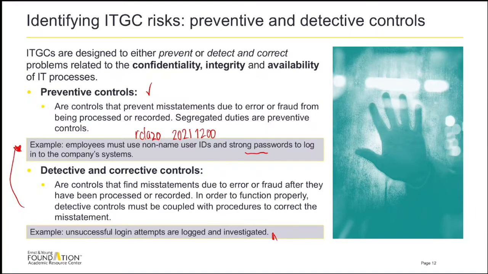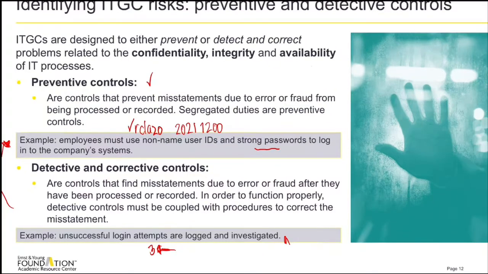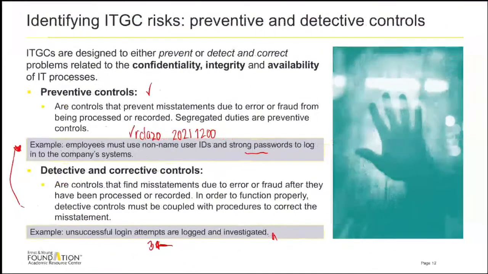So let's say Arcilazo tried to log in, and was unsuccessful three times, and then he stopped. We must investigate why. Is it really him trying to log in, or is there another person who got hold of his user ID and password trying to log in for himself?